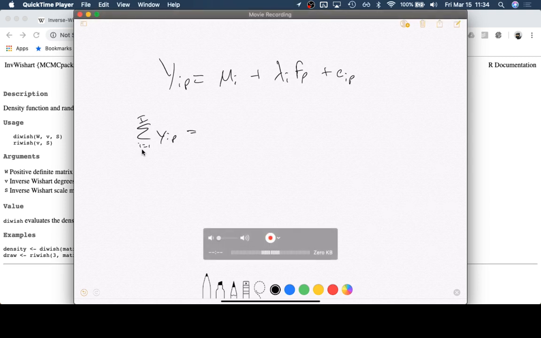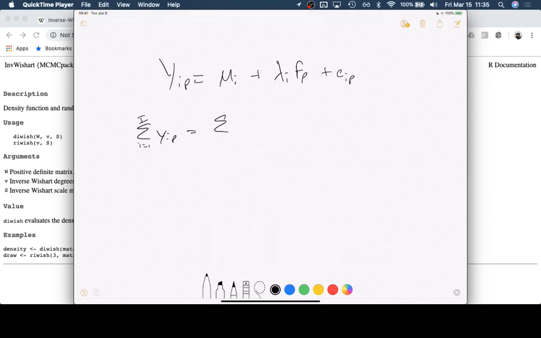And then we could distribute the sum, right? This would be the sum of mu i across the space of i, plus the sum of lambda i f for the person across i, plus the sum of e person i.